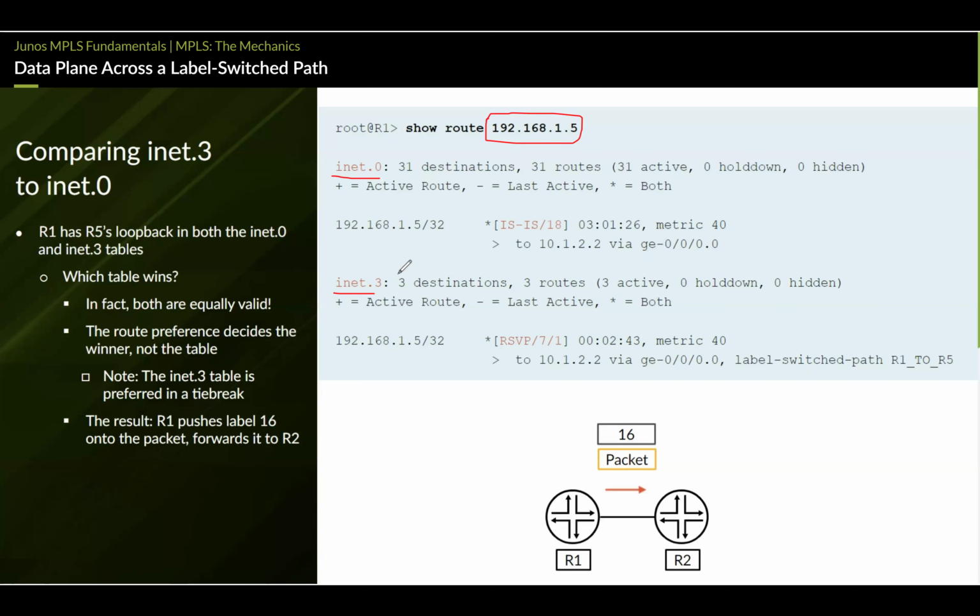In that case, router 1 prefers the INET.3 table, not the INET.0 table. So this is basically the message of this slide. Just remember this one.